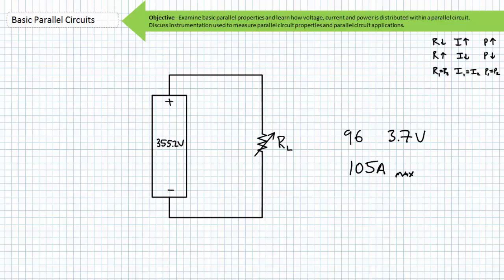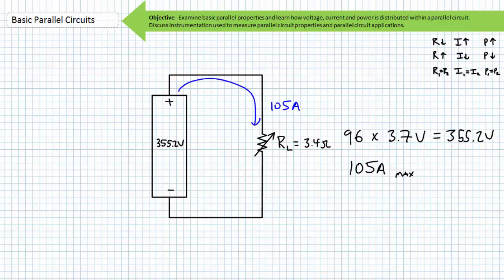Therefore, this string of 96 batteries in series will have a total voltage of 96 times 3.7 volts, or 355.2 volts. However, since current in series relationships is the same, the maximum current capable of being safely produced by this whole string is 105 amps.